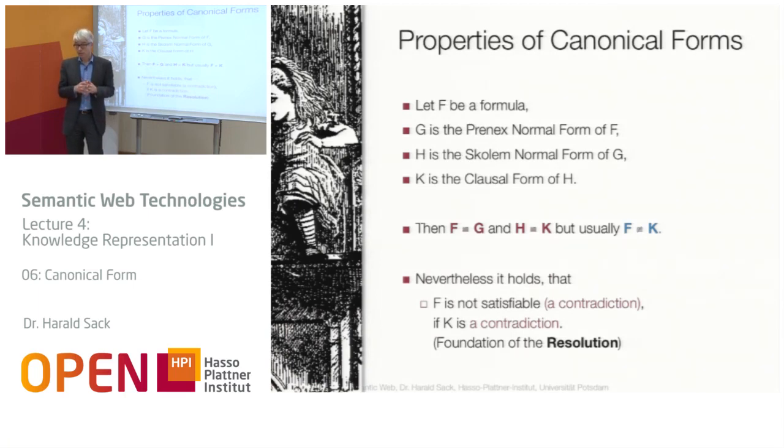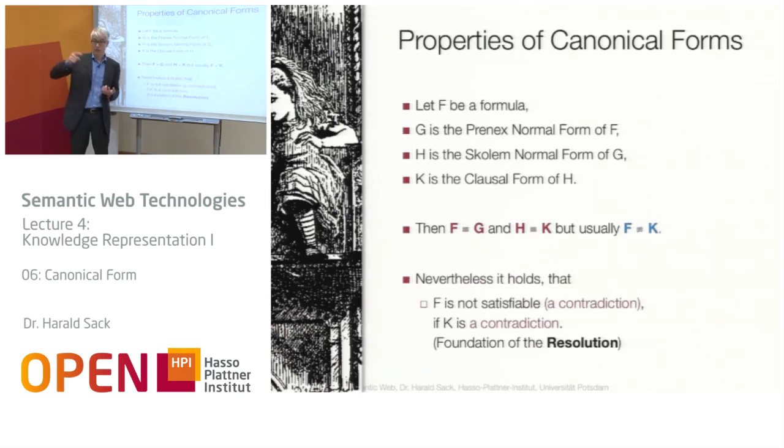But of course, they are closely related to each other. So there is another connection, and it goes vice versa. It holds that if f, the original formula, is not satisfiable, meaning f is a contradiction, then also k, although it is not really equivalent to f, must also be a contradiction.